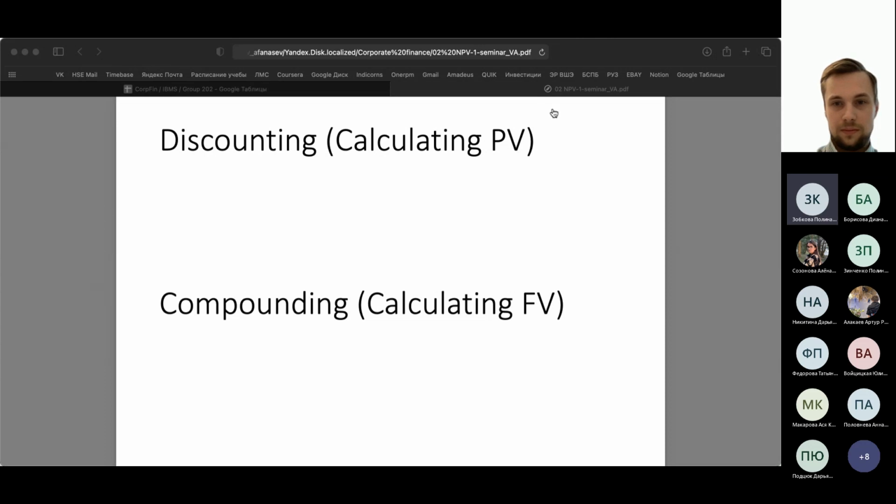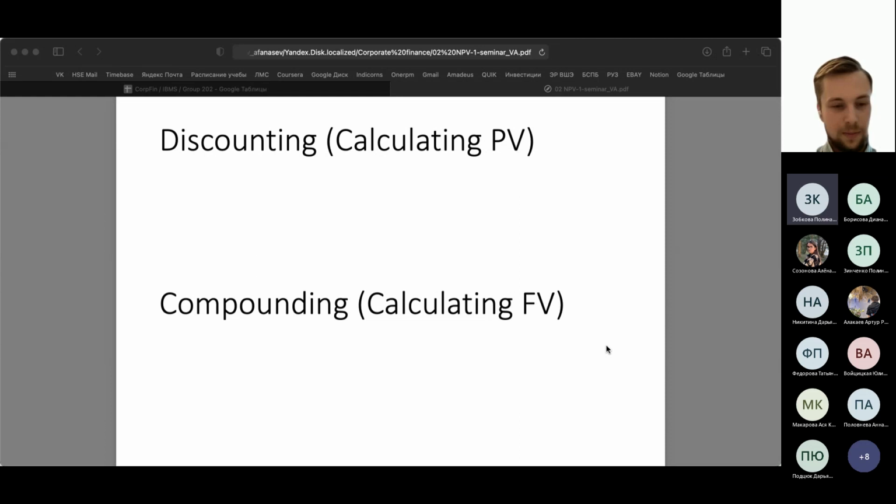It's for finding the present value of something. Yeah, and what is the present value? With present value, discounting, well, finding present value, we find the value of some future cash flow that it's worth today.